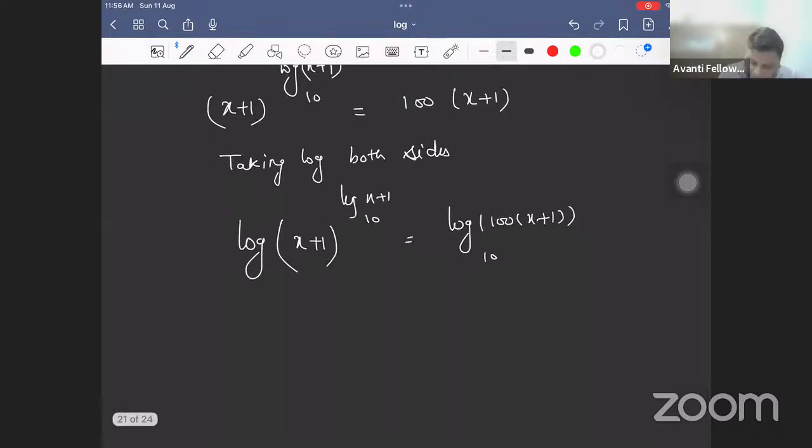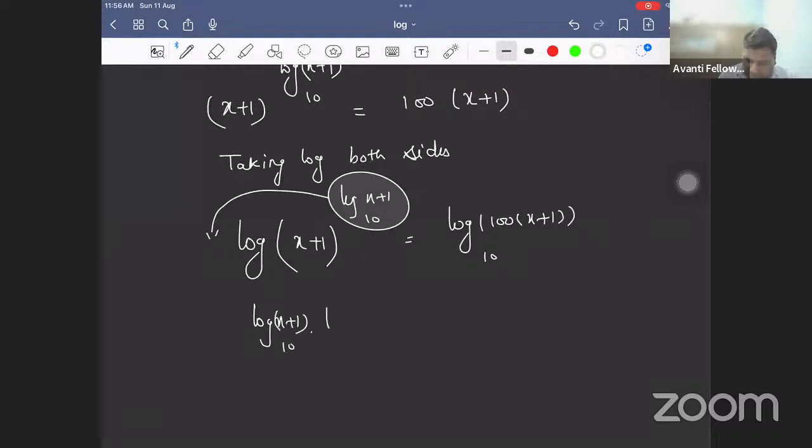Got it? Now this entire power component will come out using the third property. So it will become log x plus 1 base 10 into log x plus 1 base 10. This will become log 100 base 10 plus log x plus 1 base 10. Yes or no?